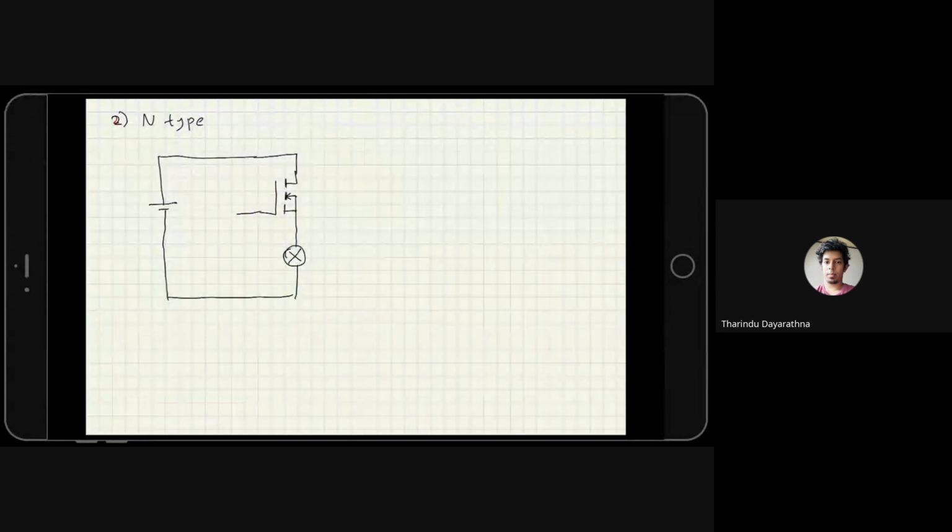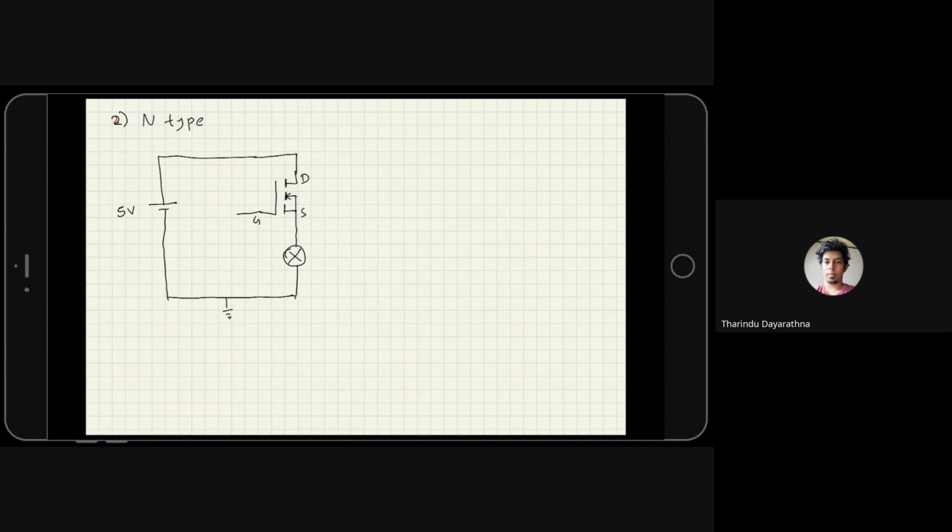So we have the circuit like this. Here is the gate, here is the drain, here is the source. Let's say, as an example, this is a 5-volt battery and this is ground.